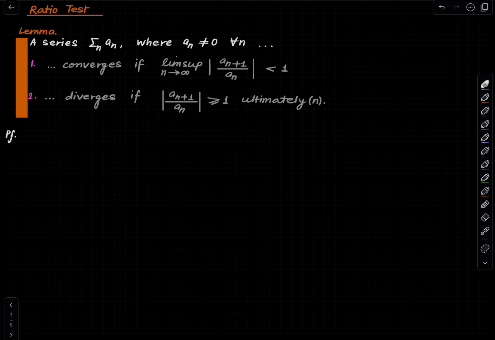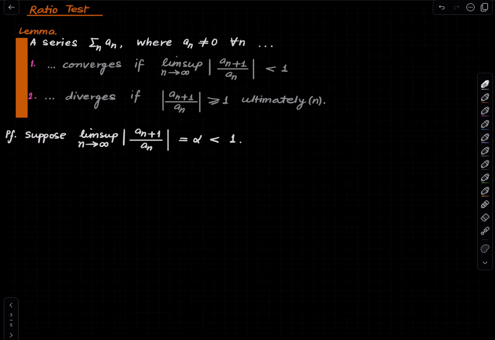Okay, so suppose this lim sup, we are trying to prove 1. This lim sup is alpha and is less than 1. Then we want to prove that the series is convergent.